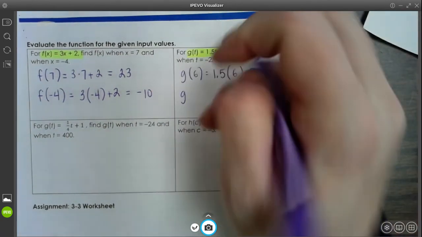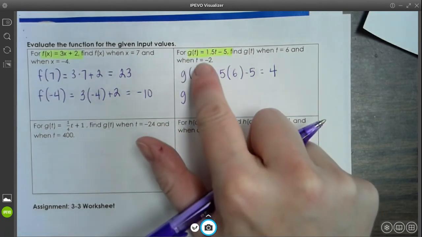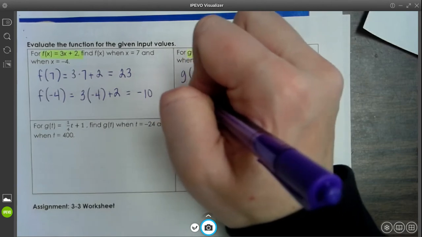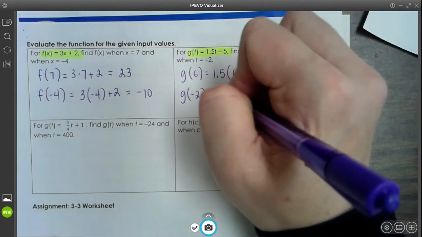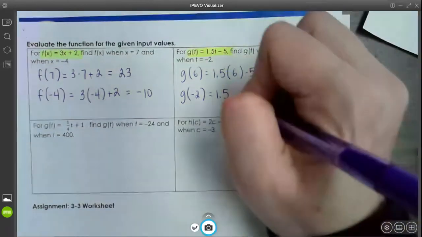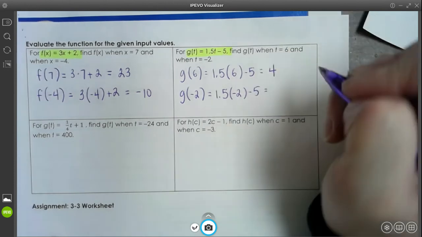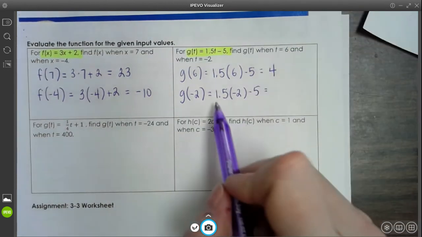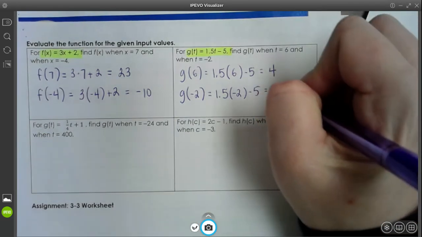Okay, we're going to take the same equation, g, and we're going to substitute -2 this time. So I'm going to rewrite everything and just replace the t with a -2. Okay, if you're to evaluate that, 1.5 times -2 is a -3, and -3 minus 5 is a -8.